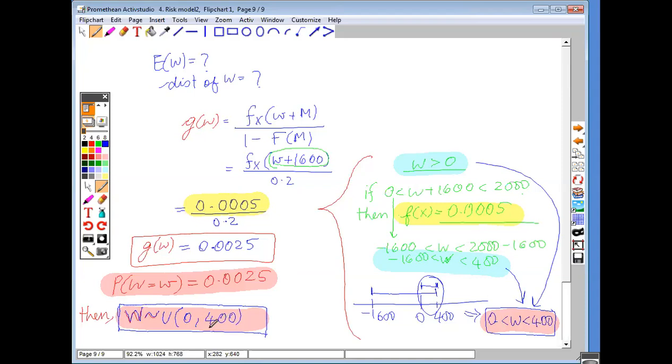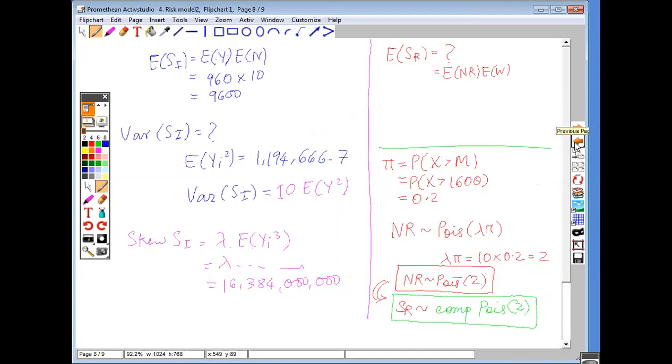Okay, so now I do know the distribution of W, which is Uniform(0, 400), right? And you also know the distribution of NR, which is Poisson with lambda 2. So it's really straightforward. What will be my expectation of NR? 2. My expectation of W is 400 upon 2, so it's just going to be 200.